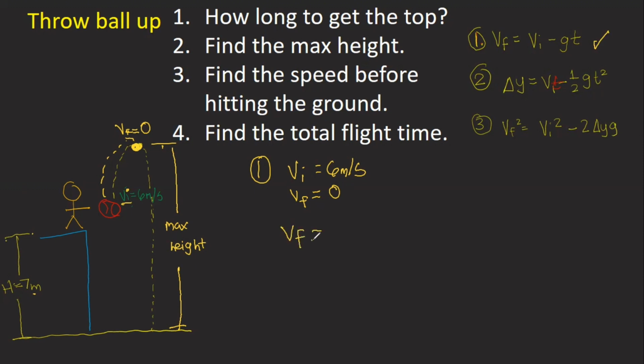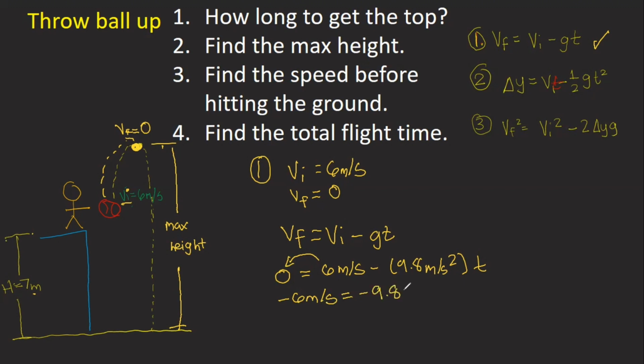So final velocity is equal to initial velocity minus gt, so 0 equals 6 meters per second minus 9.8 meters per second squared times time, the one that we're looking for. Let's transfer 6 meters per second to the left side. It will result in negative 6 meters per second equals negative 9.8 meters per second squared times the time.